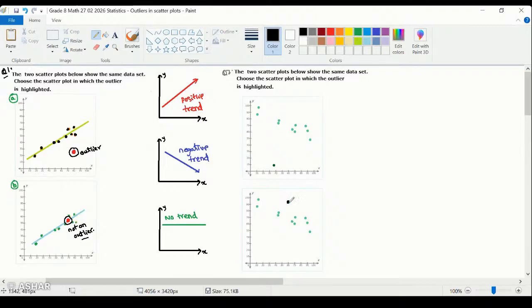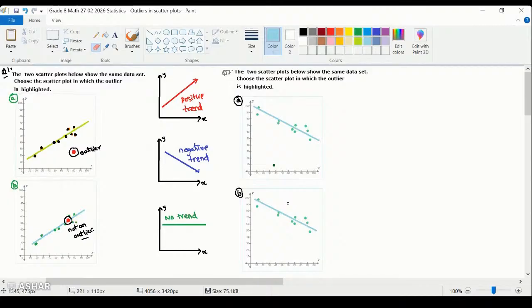Okay, so we can see the trend over here. The trend for these two diagrams, this is option A and option B. We can say that they have a negative trend. Agreed? They both have a negative trend.